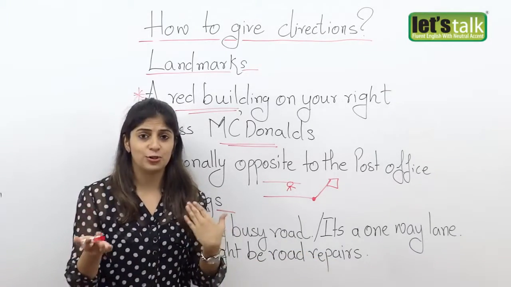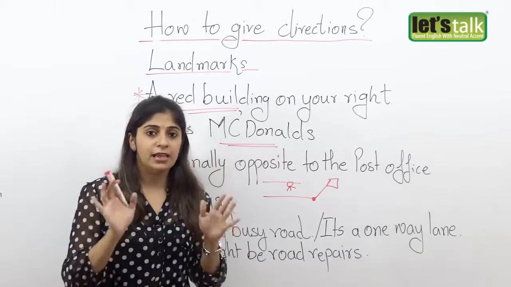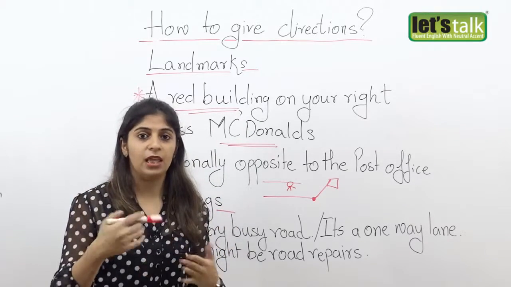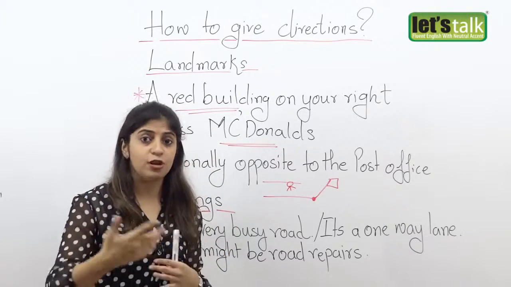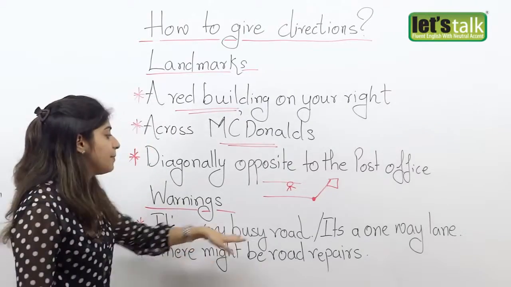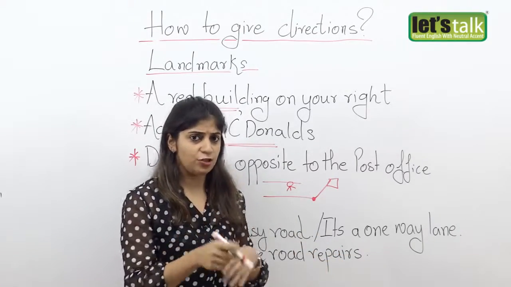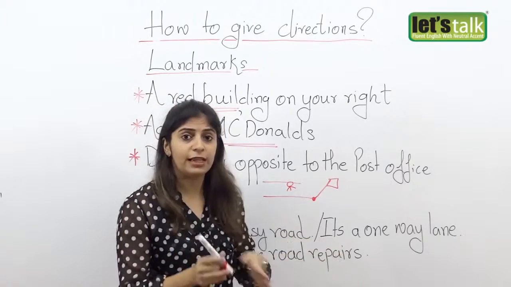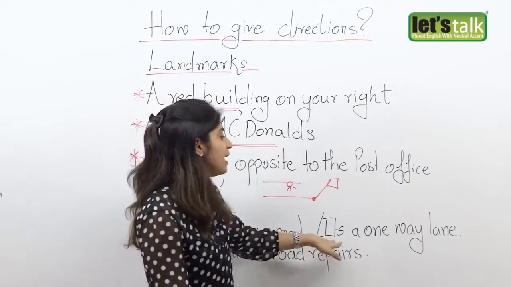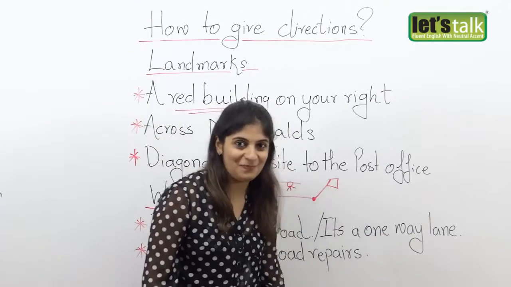Just mention it to him so that he knows he might encounter a lot of traffic. Or if it's a one-way, the cars are only allowed to go through one direction. So it's a one-way lane.